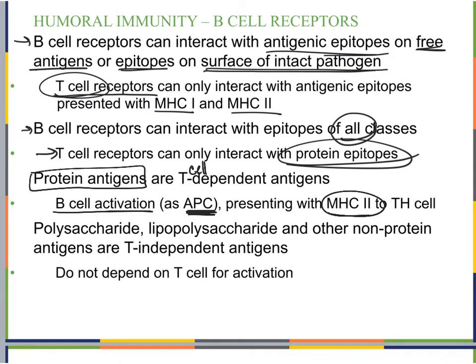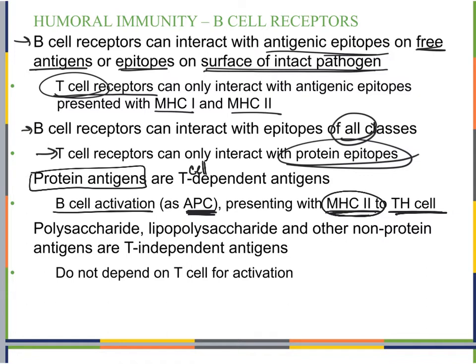So if our B cell comes into contact with a free antigen or epitope, or an epitope on the surface of the pathogen, it can act as an antigen presenting cell to the T helper cell.